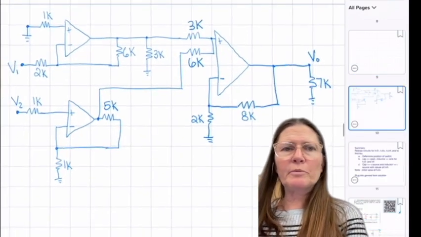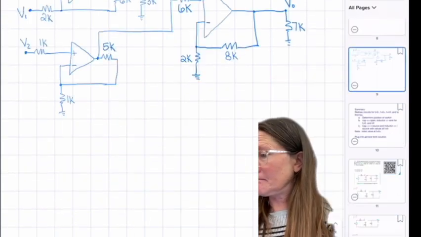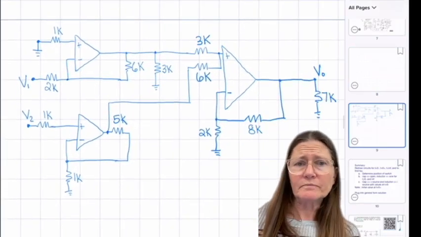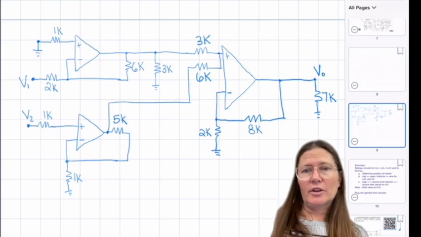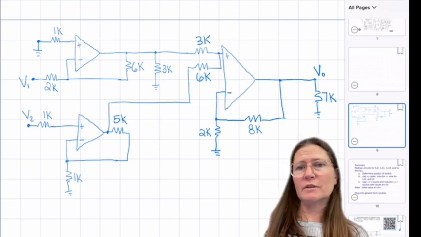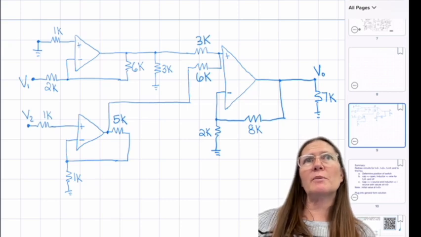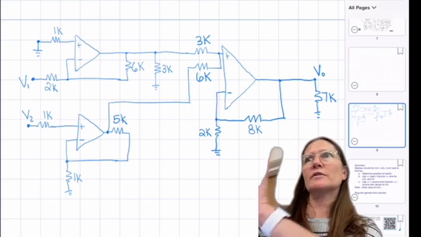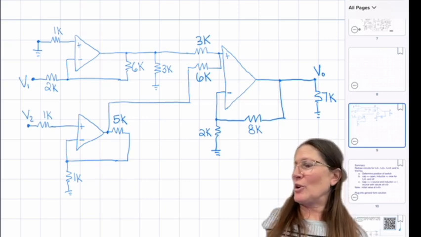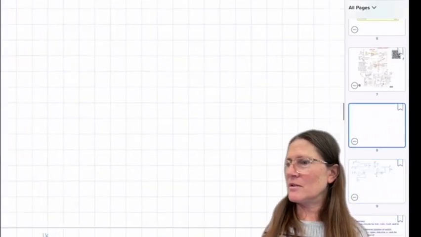Okay, so I apologize, for some reason it deleted this page. So this is where you're going to have to find the output in terms of V1 and V2. To do this, you're going to have to identify what each op amp is and then determine what the gain is for each one of those. So go ahead and work on this.